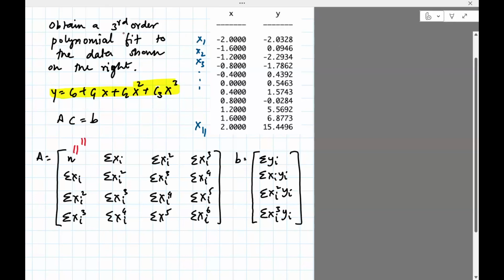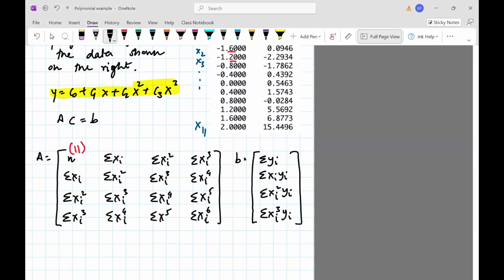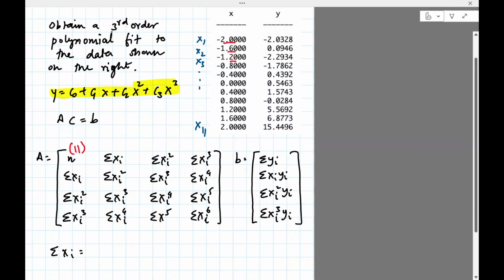There are 11 terms. To get summation xi, you will just add these up. So when you do summation xi, you'll do x1 plus x2 plus so on till x11. You'll see that it is actually symmetric, so it should come out to be 0.